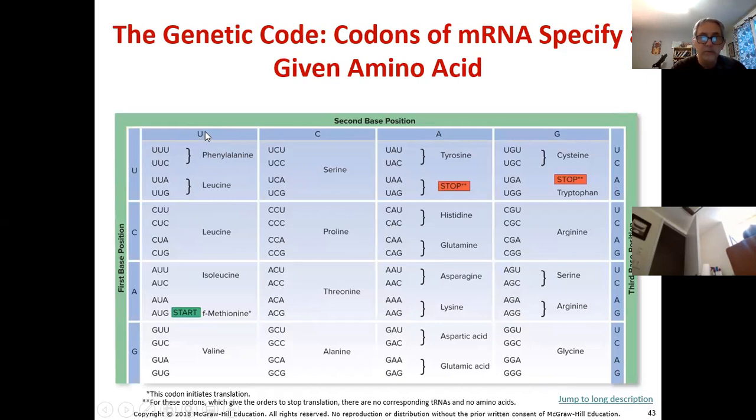So remember, this is being read from the RNA, so there's no thymine in it. So there's redundancy in the genetic code. What's most important is the first 2 nucleotides. You see that in the case of phenylalanine, the first 2 nucleotides are the same. The third one is different.